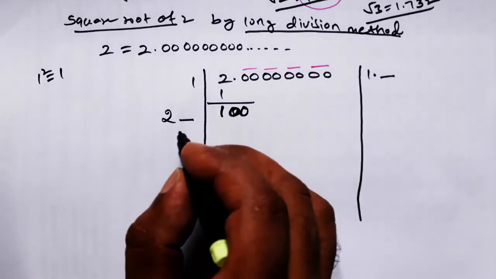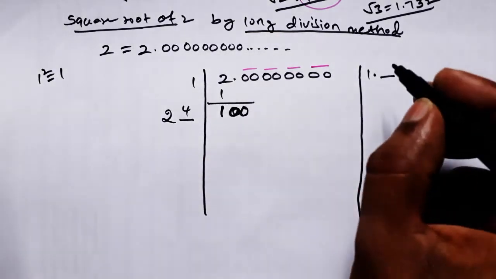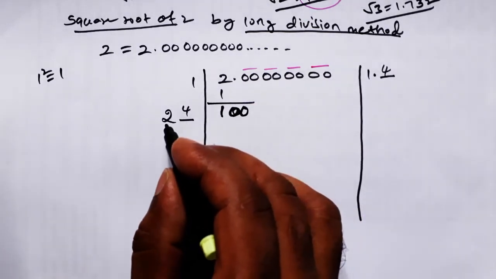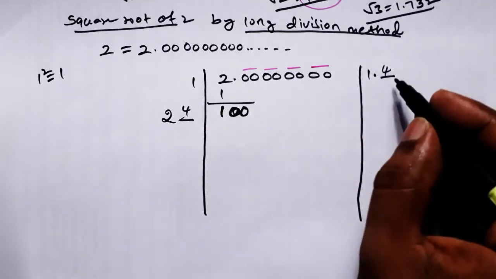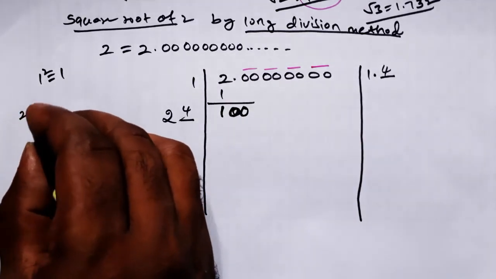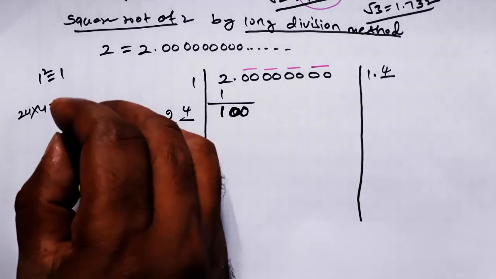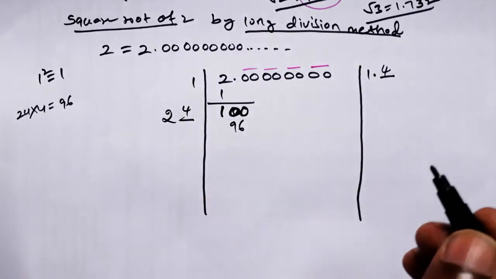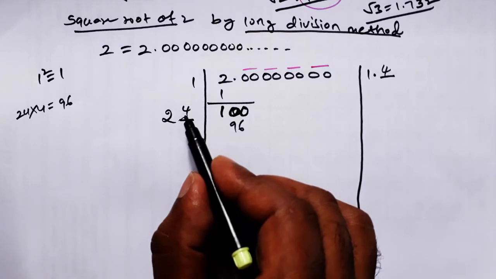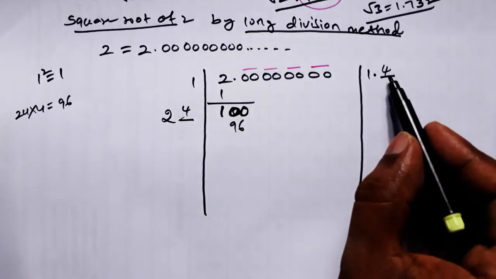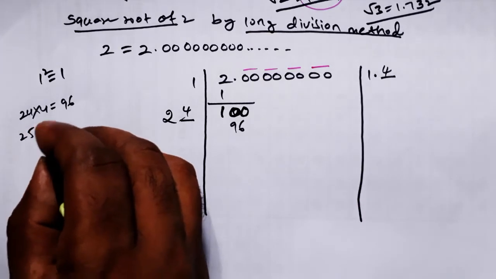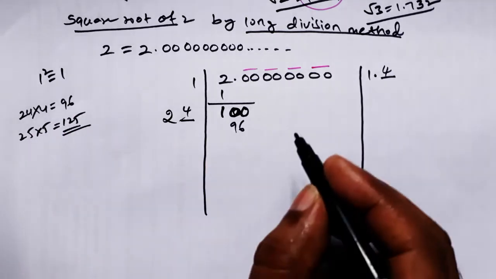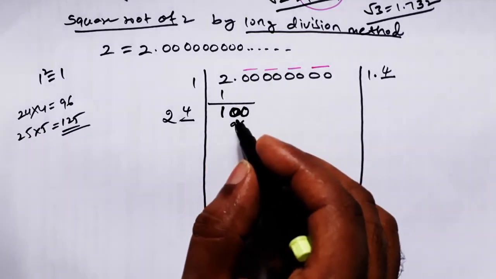For example, if I take 4, we write 4 here. 24 into 4 is 96, so write 96 here. Suppose I take 5, then 25 into 5 is 125, but here we have only 100, so we cannot take 5.